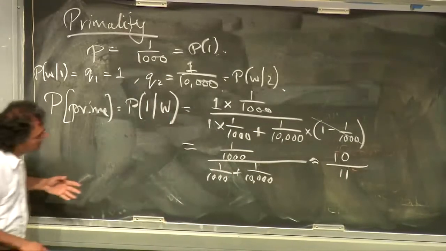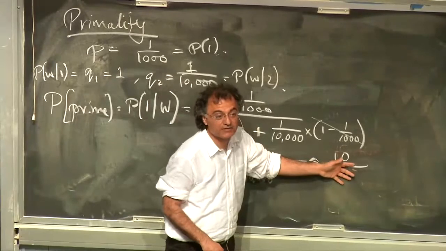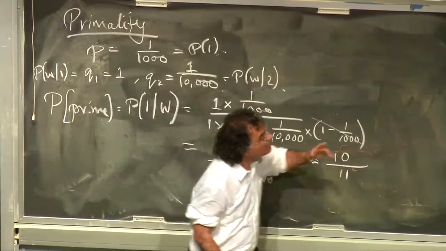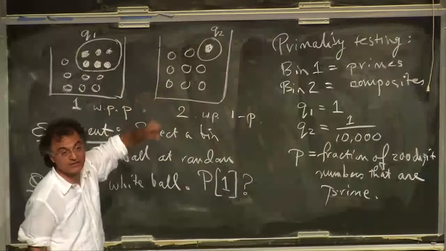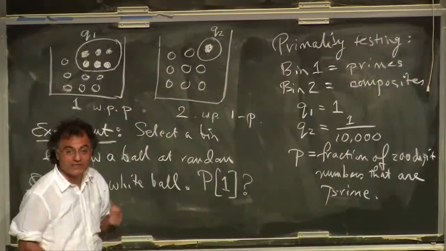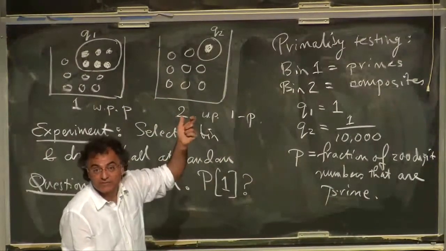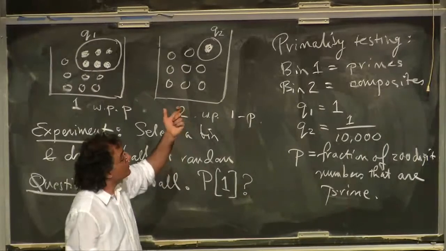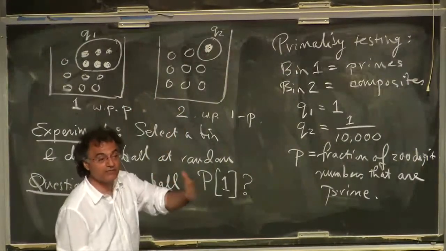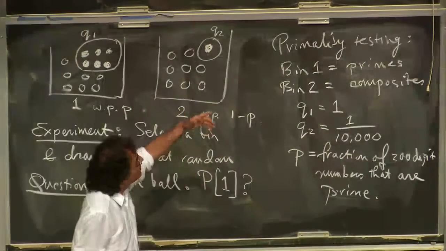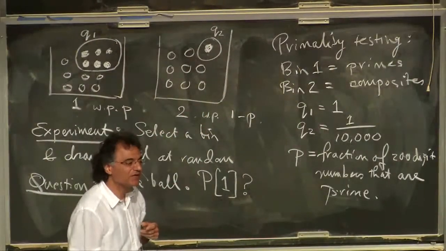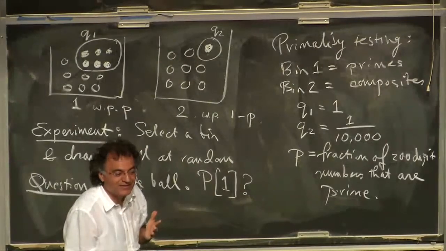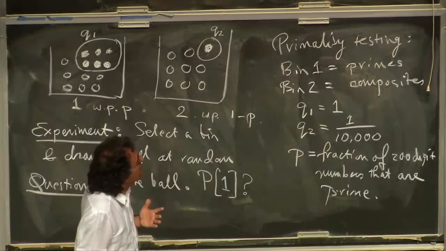Okay, so you could get a roughly 90% chance by making sure your primality testing algorithm has a chance of making an error on composites, which is 1 in 10,000. Okay? But now, as I said, there's a tunable knob on these primality testing algorithms. So what you can do is, at the expense of running for twice as much time, you can reduce that error by a factor of something.